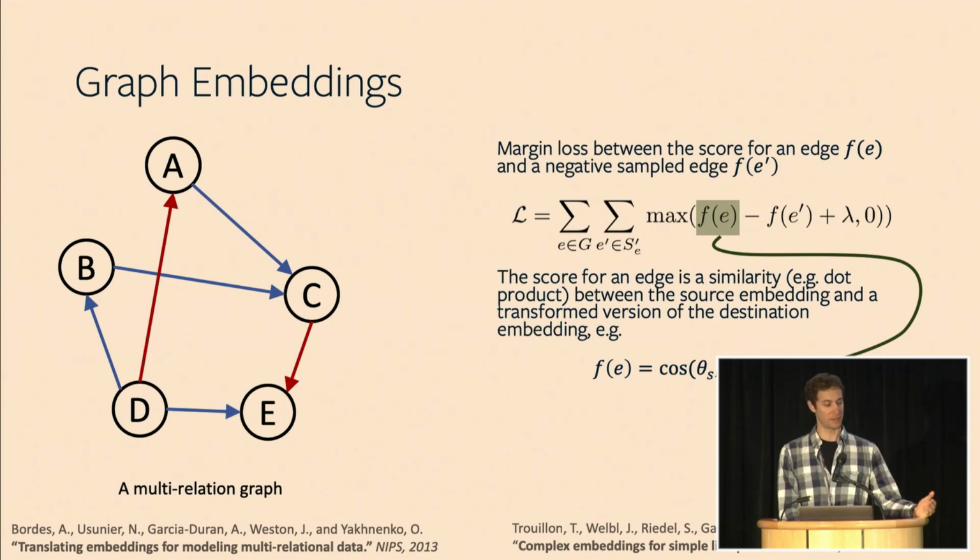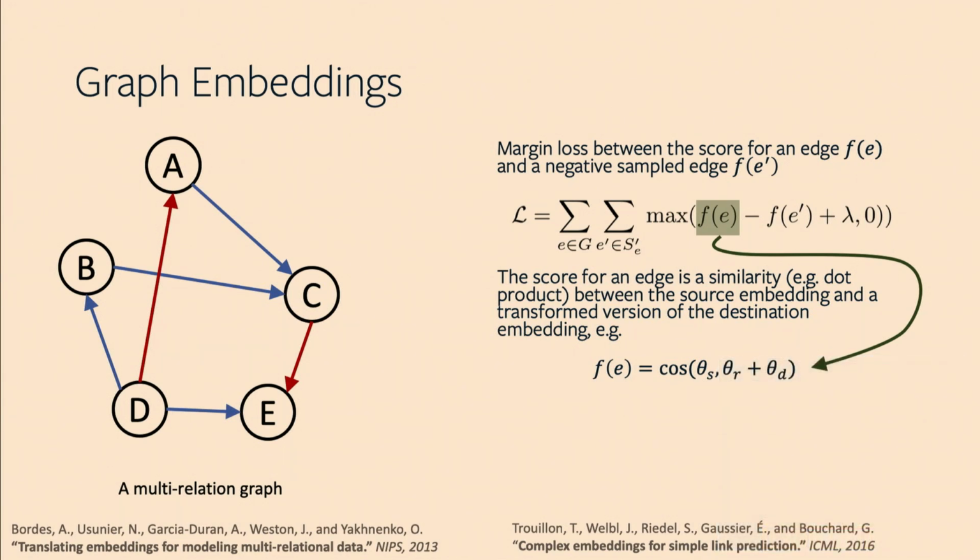The way you compute this score is some similarity metric that combines the embedding of the source node, the embedding of the destination node, and some embedding of the type of relation that you're encoding. In this example, you look at the cosine similarity between the embedding of the source node and the sum of the relation and the destination embeddings.